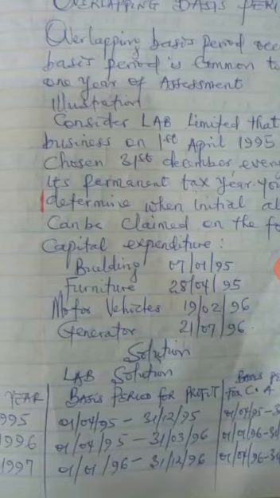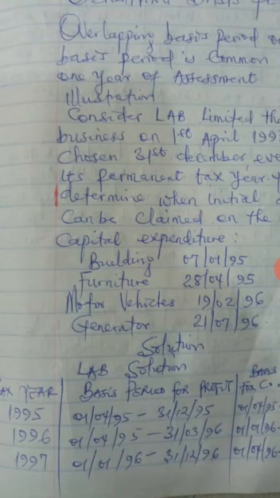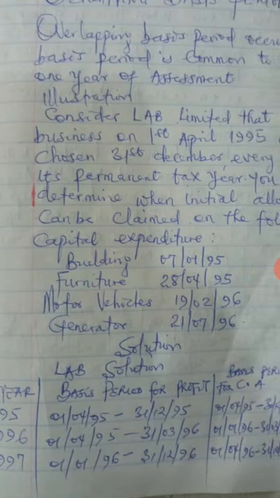But what I explained to you is that when it's an overlapping period, a qualifying capital expenditure is acquired on a date that falls into more than one basis period. There is therefore the problem of identifying the year in which the asset can be deemed to have been acquired. It is very clear that an asset on a particular date can hardly be said to have been acquired in more than one year.